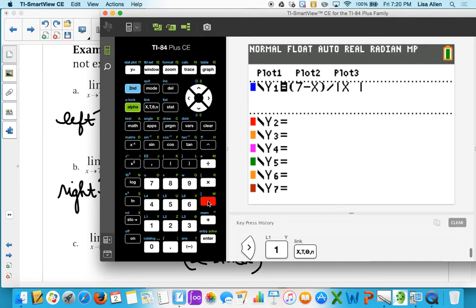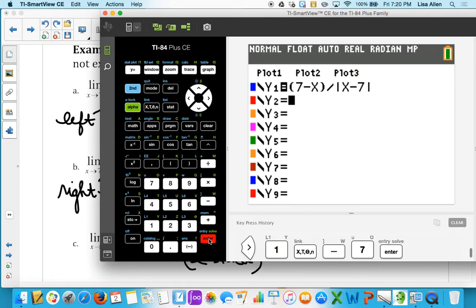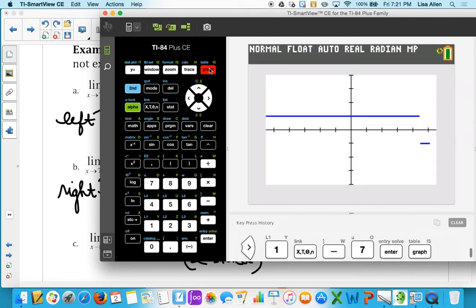Just try to look at graphs at times because sometimes it becomes crystal clear with what you're dealing with. And there you have it. Now you can see at x equal to 7, as you approach from the left and the right, you have constant linear functions. The value is 1 from the left everywhere, and it's -1 on the right-hand side everywhere about 7. So you can take a look at that.